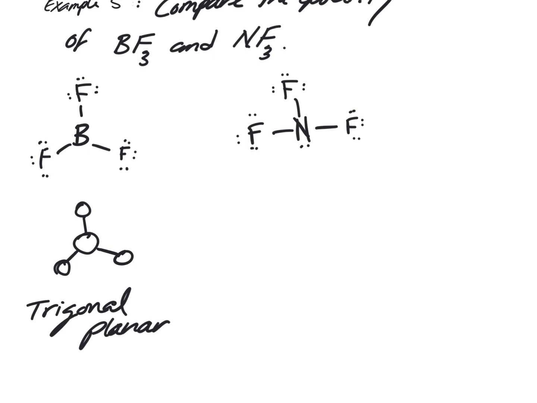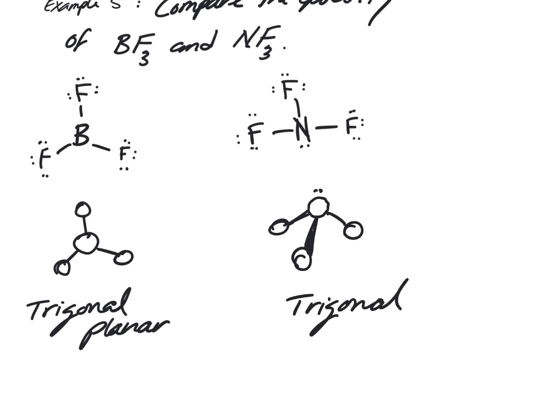And nitrogen trifluoride, I'm going to spin this around because I like drawing these like this. We would have that kind of a shape. Now this is going to be trigonal pyramidal.